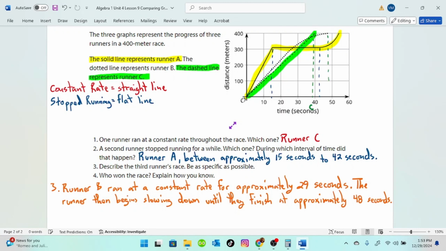We have runner B at about 48 seconds. And we have runner A at about 54 seconds. So we would say runner C won because 39 seconds is the fastest.